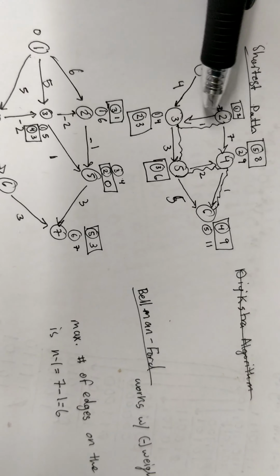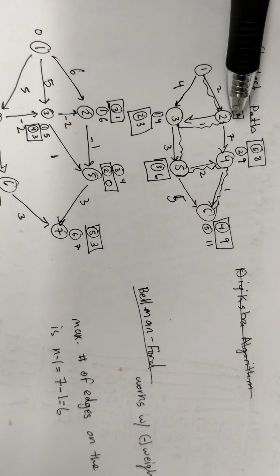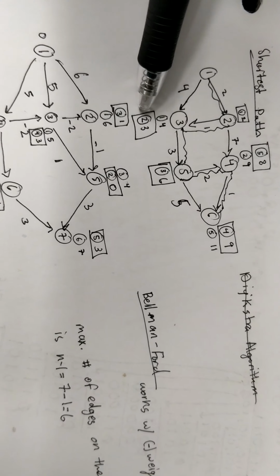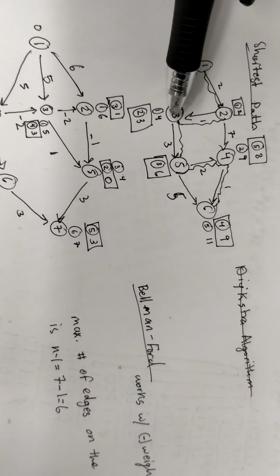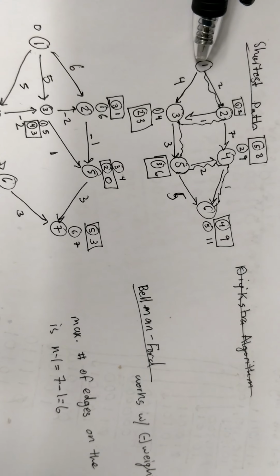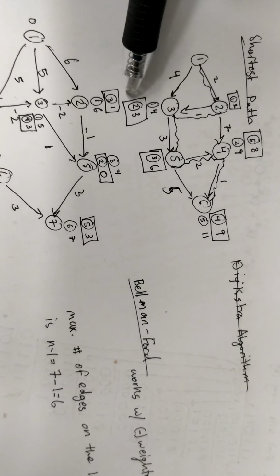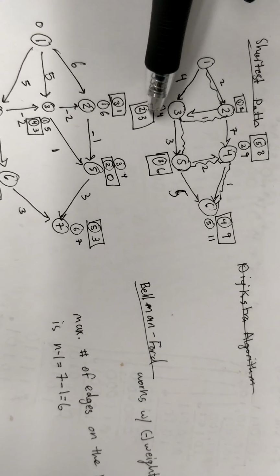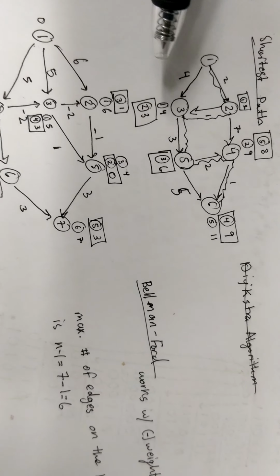To go from node 2 to node 3, we know that it is a cost of 2 plus 1, which is 3. And we say, since the cost to go from 2 to 3 is lower than the cost to go from 1 to 3, we say the shortest path to 3 is from node 2, given we have the ability to go from 1 to 2 to 3.